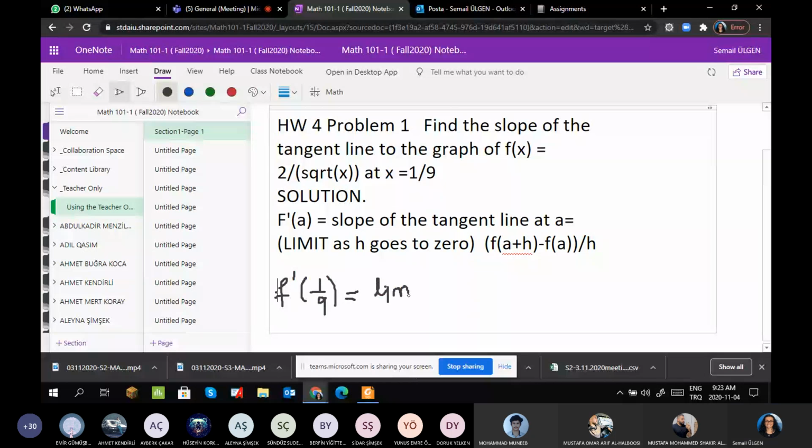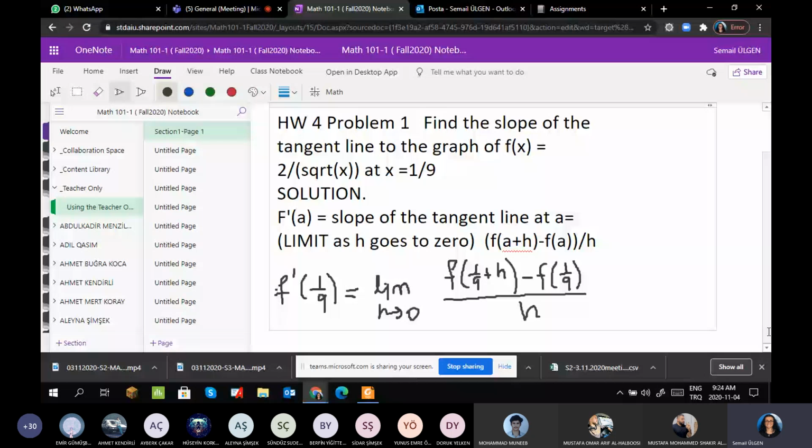So limit as h goes to 0 of f of 1/9 plus h minus f of 1/9 over h. So I have to find it. Instead of f, I'm going to write 2 over square root of x.